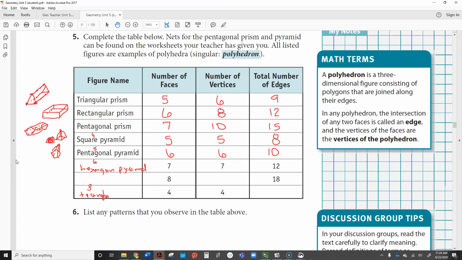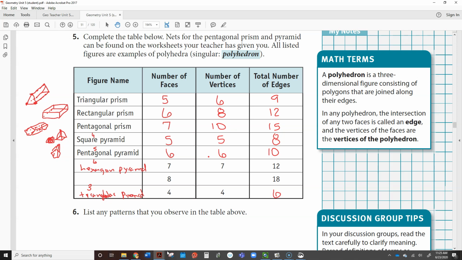Triangular pyramid. Okay, pyramid. And let's see, we went 4 more here, which was 1 less than that. We went 3 more there, which was 1 less than that. And so we're going to go 1 less than that and go 2 more here. So I believe that's going to be a 6.